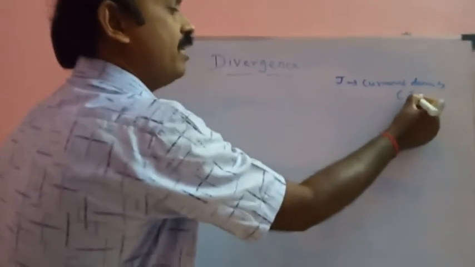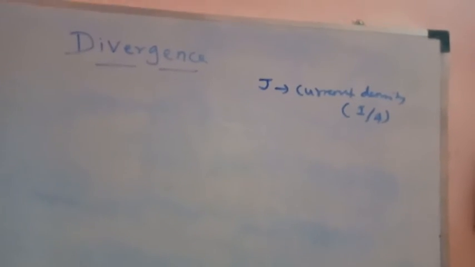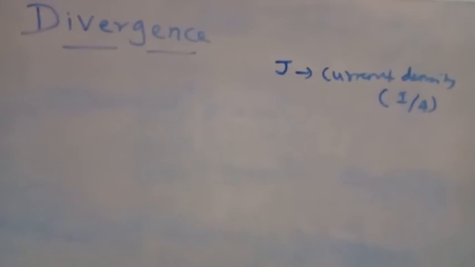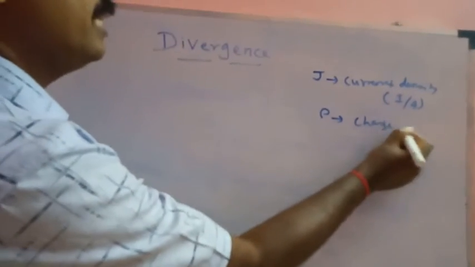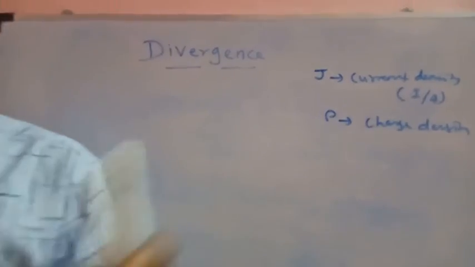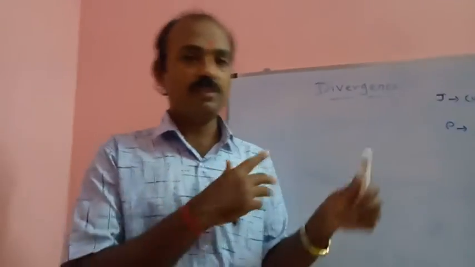Current density is nothing but current per unit area. Then charge density is the amount of charge flowing, that means rho, charge density. So how are charge density and current density related in terms of divergence?